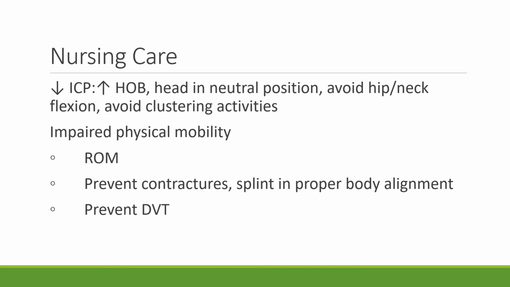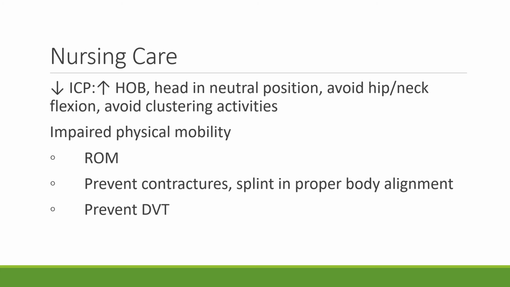So after a stroke, our goals of care should include decreasing the intracranial pressure. Okay, how do we do that? Some simple ways would be to have the head of the bed up, because the lower our head, the more increased cranial pressure we have.